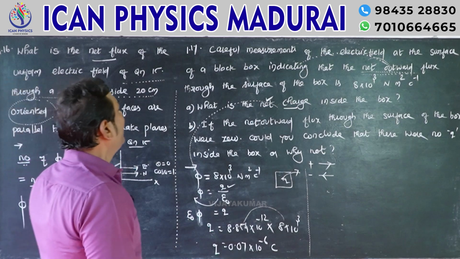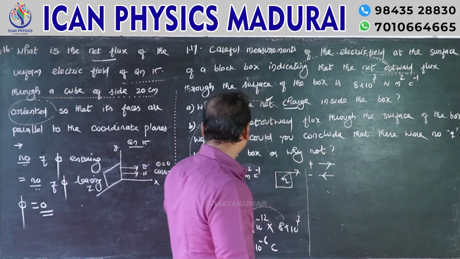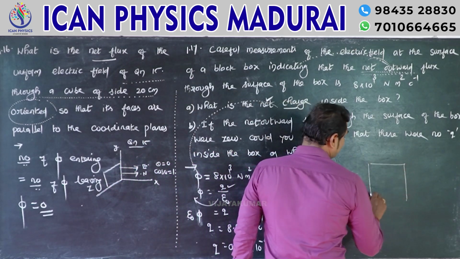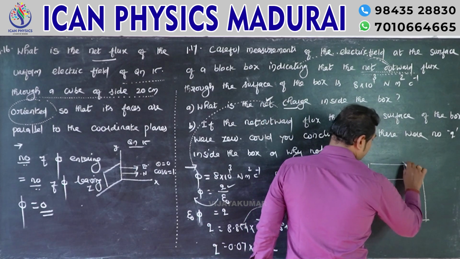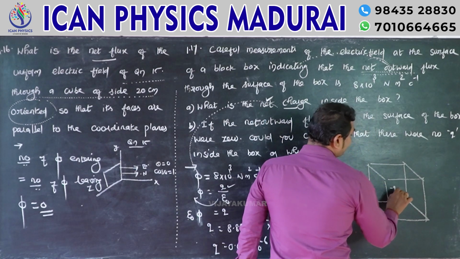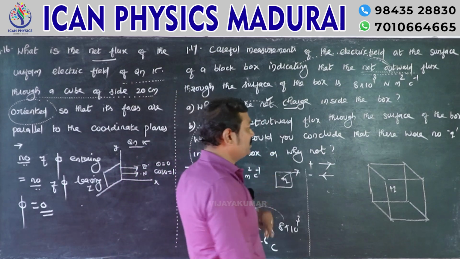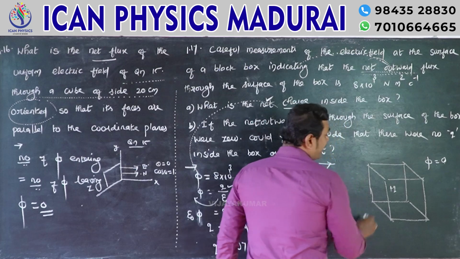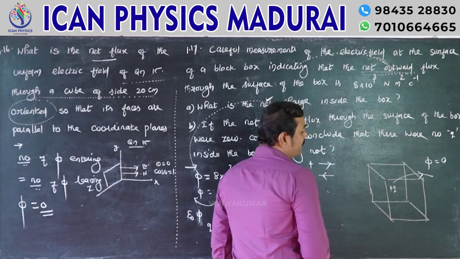Now, if the net outward flux through the surface of the box is 0. Let us consider this will be the box. Now I am placing a positive charge. When I place one positive charge, we can get outward flux.